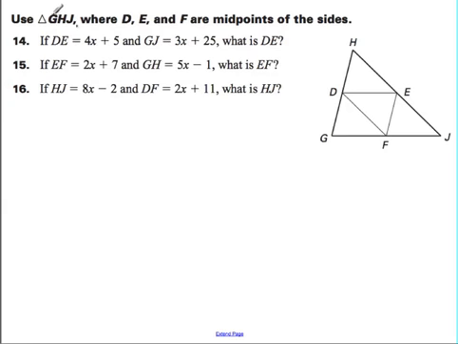Next, we're going to use the fact that triangle GHJ, we're going to use this triangle where D, E, and F are all midpoints. What that tells me is in this triangle, this part's congruent to this part, congruent to this part, and this part. If we talk about these bases, we'll have this. Additionally, we'll have this guy and this guy.